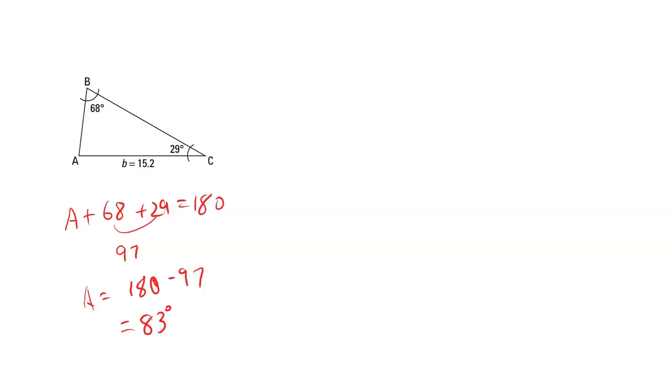Now, the naming convention is this is A, this side is opposite of A, and this side will be C. You have to always follow the naming convention, or else you will mess up all the answers, okay? So a, which is unknown, divided by sine of A, but A is 83 degrees, so you put that there, equals b, which is known, 15.2, divided by sine of 68 degrees, and then c, unknown, divided by sine of 29 degrees.